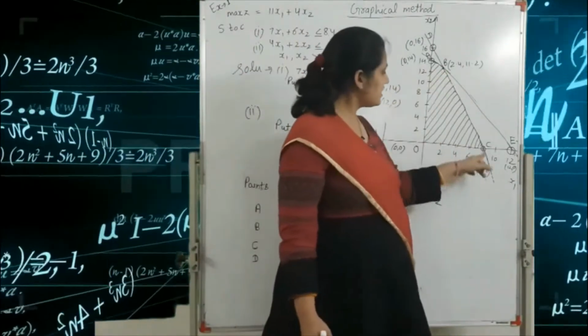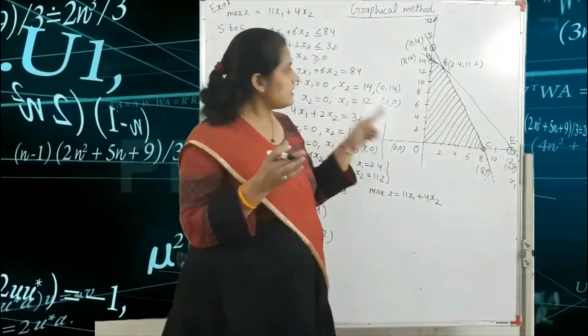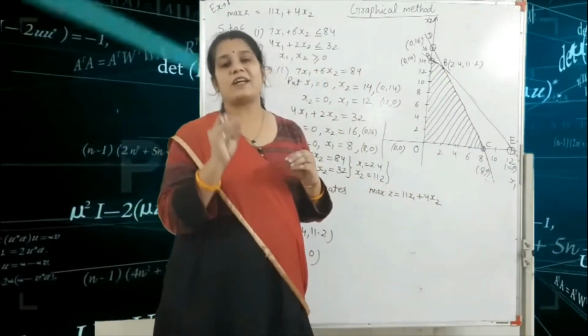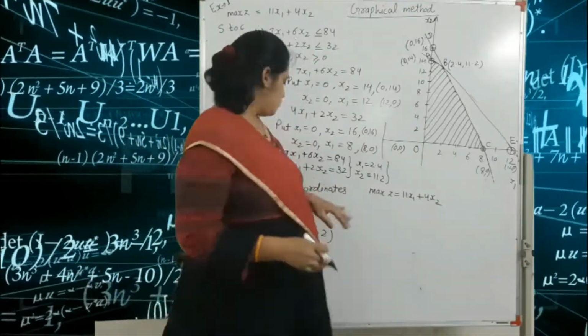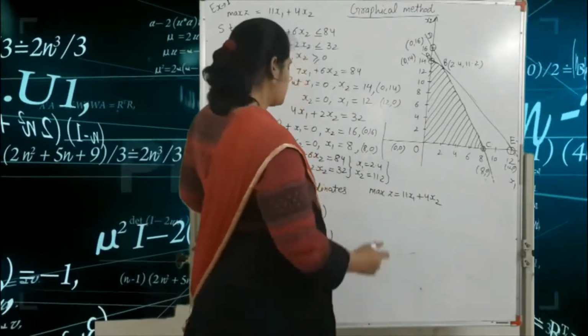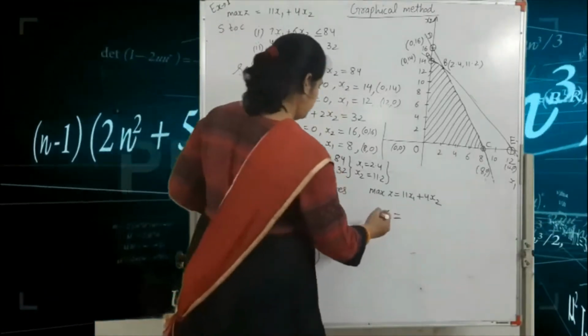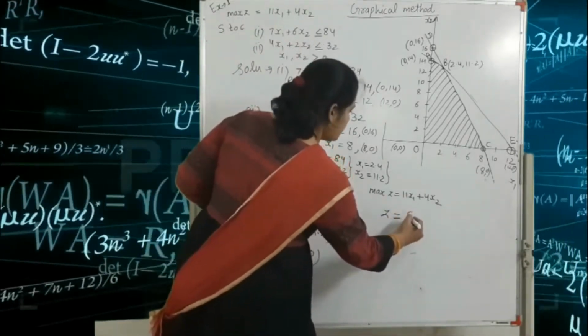So here we consider the closed region, and these points always satisfy the constraint equations. So we write here 0, 14. So z is equal to 56.